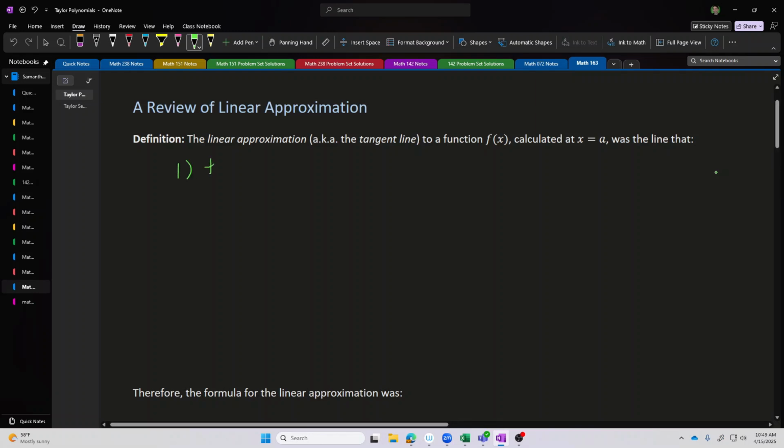First of all, the slope of the line was given by f prime, the derivative of the function evaluated at the relevant x value.